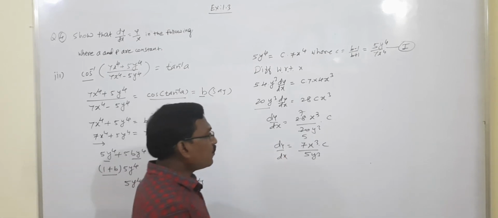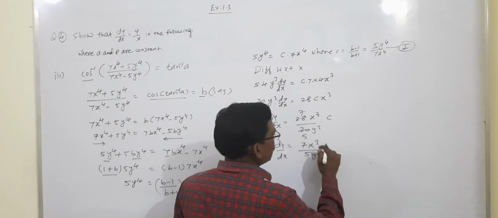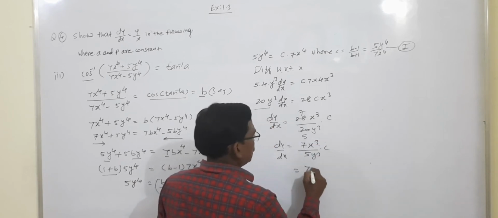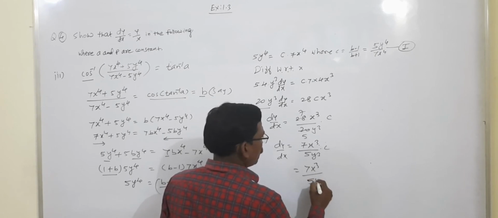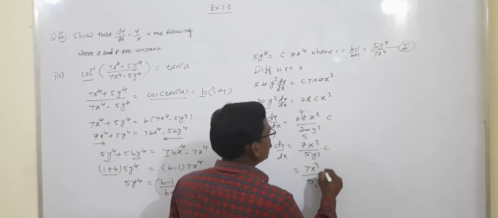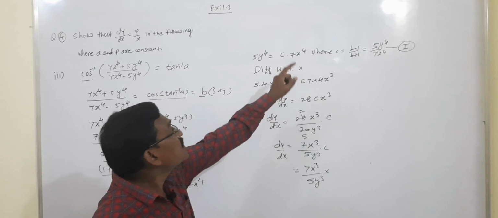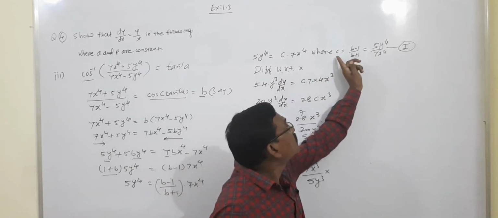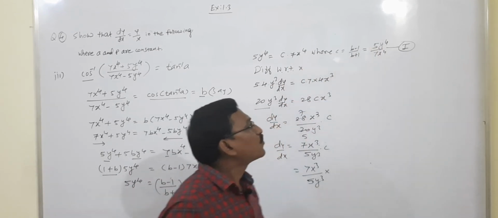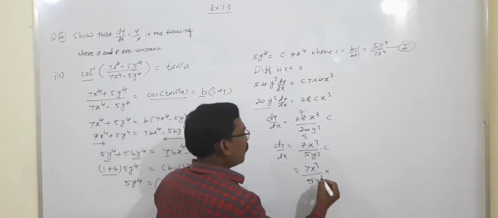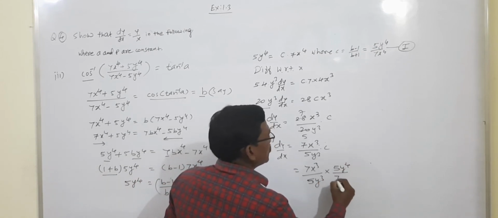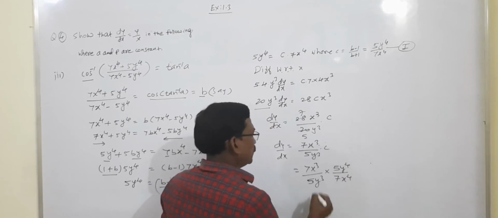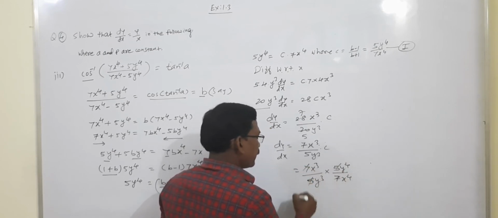Now from equation 1 we put the value of c here: 7x^3 divided by 5y^3 into c, which is 5y^4 divided by 7x^4. Now the 7s get cancelled, the 5s get cancelled.